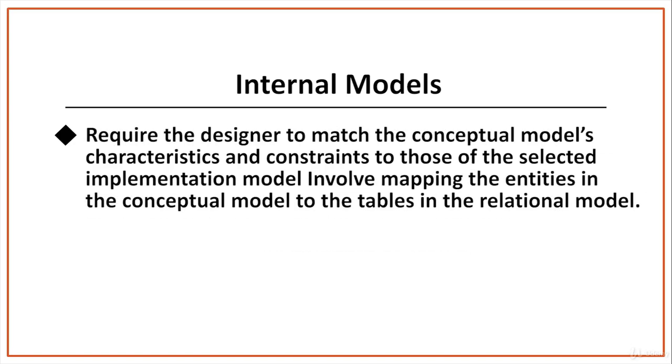It also requires the designer to match the conceptual model's characteristics and constraints to those of the selected implementation model. It also involves mapping the entities in the conceptual model to the tables in the relational model.